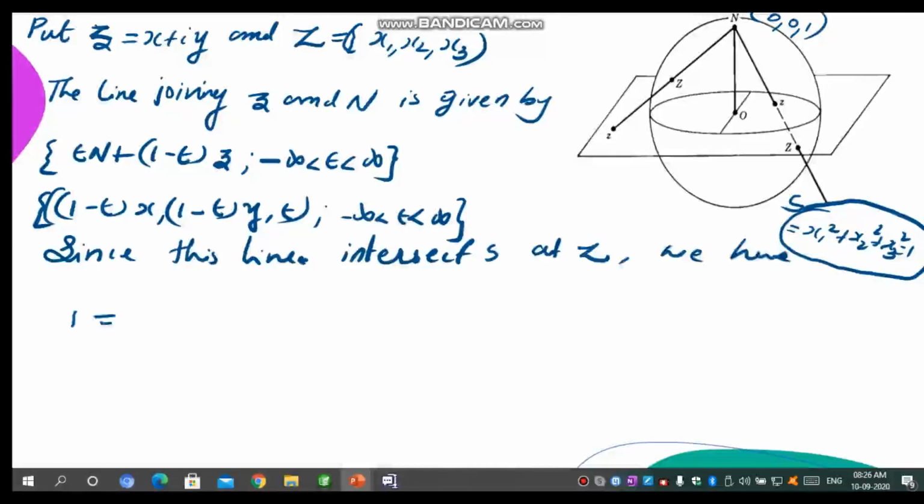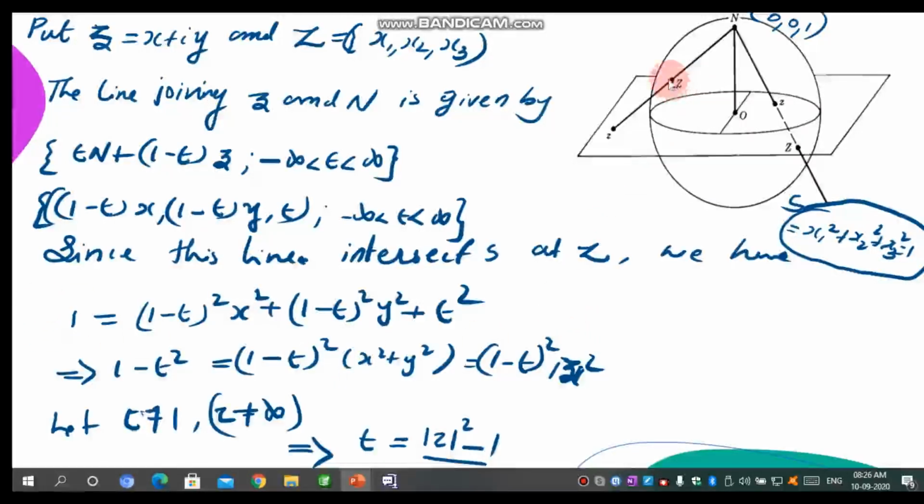So since the line intersects the sphere at Z, the point has the property that x1 square plus x2 square plus x3 square is equal to 1. So whenever it touches the sphere, we have 1 equal to (1 minus t) whole square x square plus (1 minus t) whole square y square plus t square. So 1 minus t square is equal to (1 minus t) whole square into (x square plus y square), which is (1 minus t) whole square into mod z square.